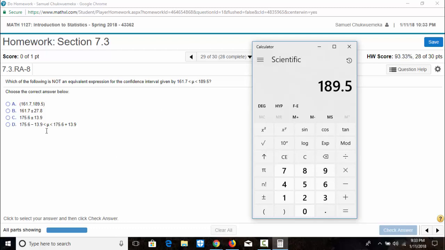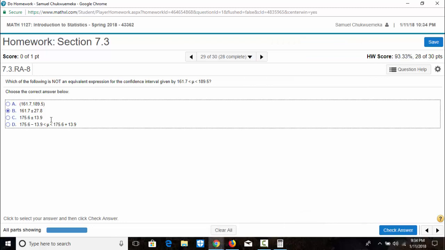Now you look at C, okay, C and D is the same thing. If you do 175.6 minus 13.9, okay, that gives you 161.7. See that? Okay, and you also do 175.6 plus 13.9 gives you 189.5. So the correct answer below is B.